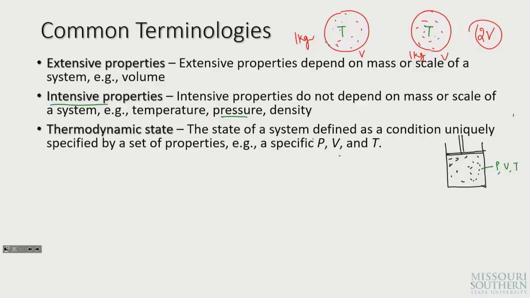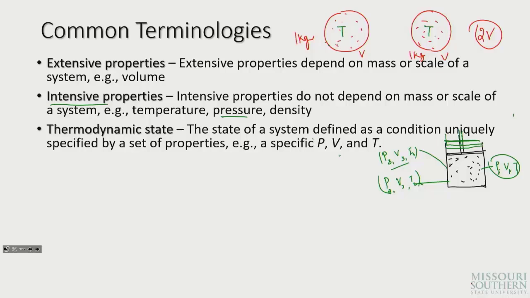Okay. Now let's say you change the volume by pulling this up, and when you pull it up, now these variables will change. Okay, now you will have P, let's call this P1, V1, and T1, and you will have P2, V2, and T2. So this is another state. Okay, if you pull it up again, now you will get a third set of values. So P3, V3, T3. Okay. So each of these are unique states.